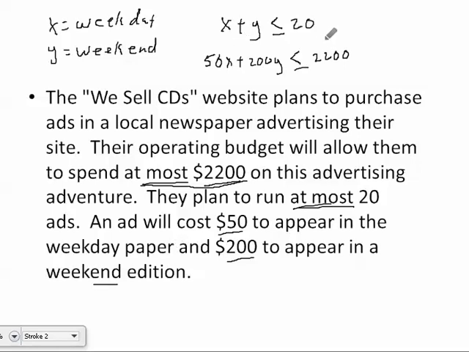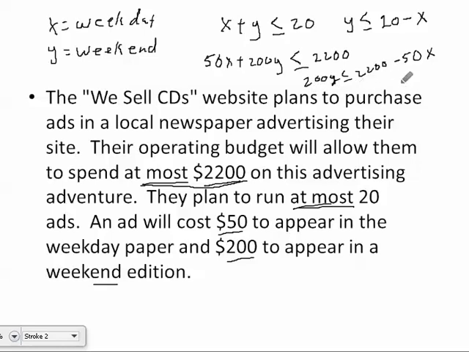Now it's a matter of solving these down and getting them as something that I can graph. And so this one would be y is less than or equal to 20 minus x. And this one over here is going to be, let's see here, first step will be 200y less than or equal to 2,200 minus 50x. And we divide by 200.